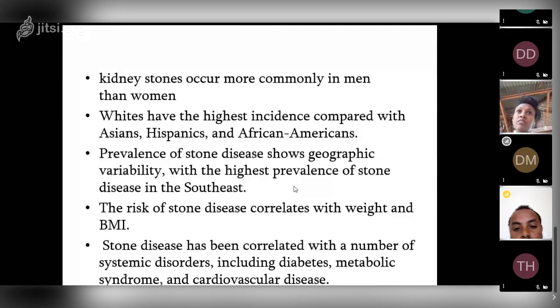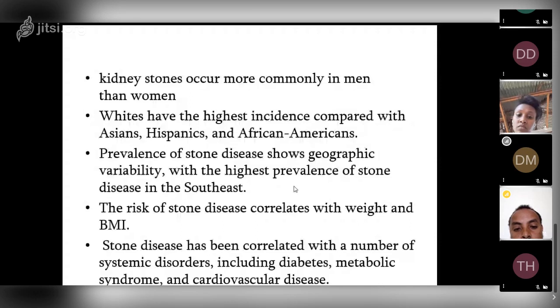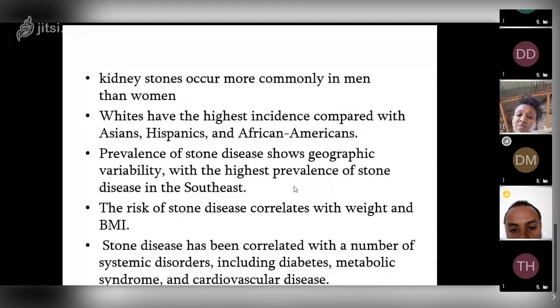Hard water is preventive for stone disease. The risk of stone disease is correlated with weight and BMI, and stone disease has been correlated with a number of systemic diseases like diabetes, metabolic syndrome, and cardiovascular diseases.